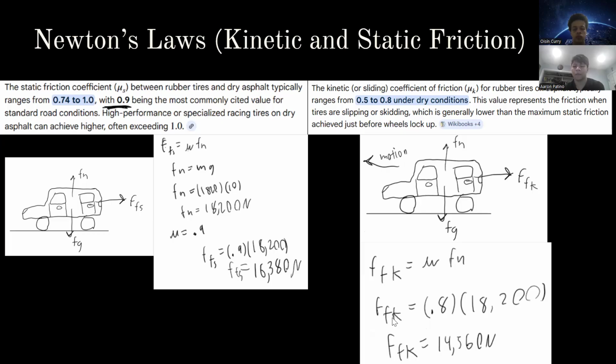When we multiply 0.8 times 18,200, the normal force, we get 14,560 newtons as the kinetic force of friction, or when the car is in motion, which I illustrated in the free body sketch. I pointed out that the kinetic frictional force only applies when the car is in motion. As you can see in the other free body diagram, I have the static force of friction without the motion arrow.